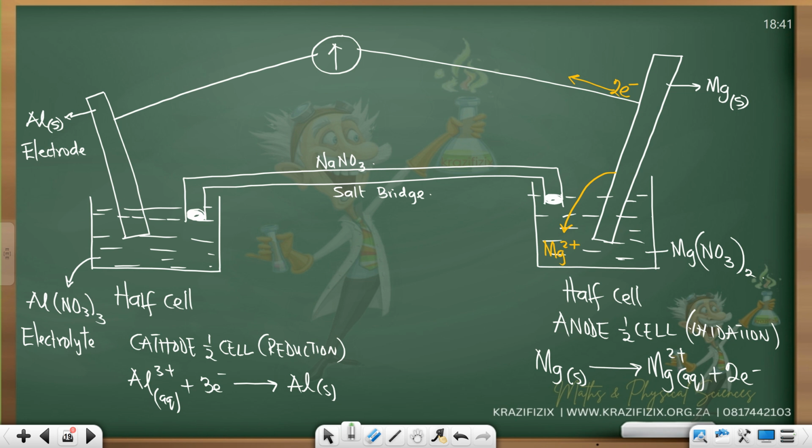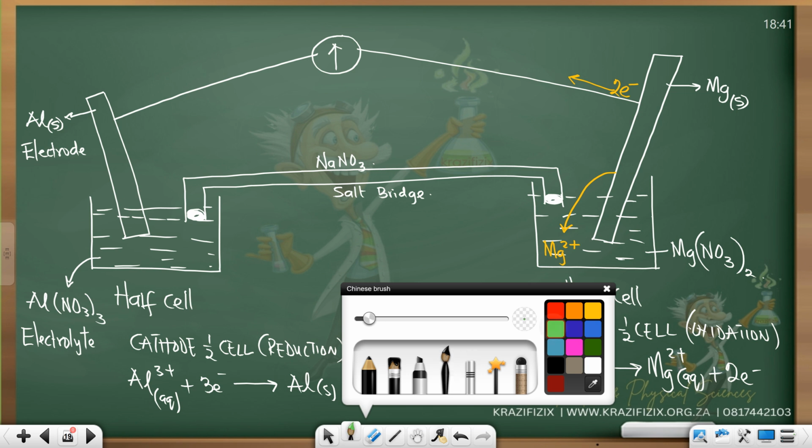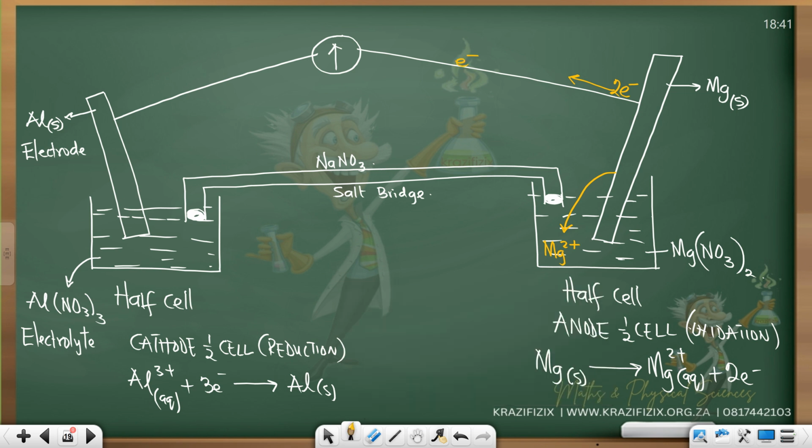We said electrons are moving from the anode to the cathode. So can you see that electrons are moving? And what are electrons, by the way? Electrons are considered as what? Charges. They are negative charges. When electrons flow, what do we call it?